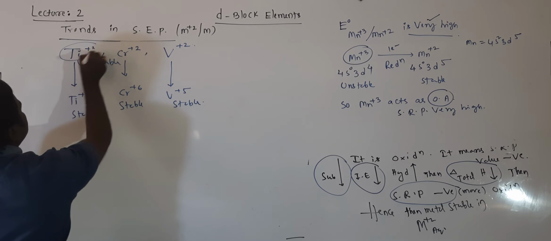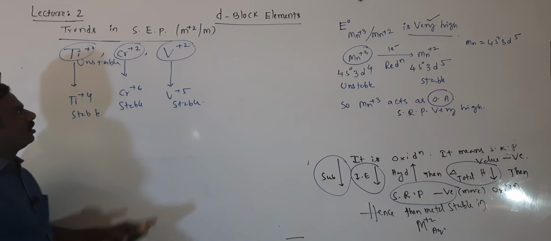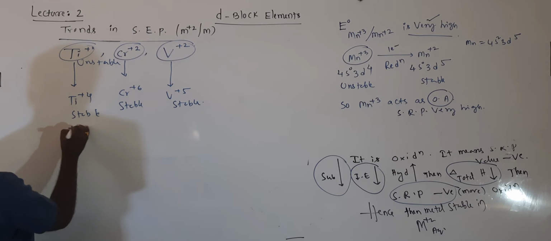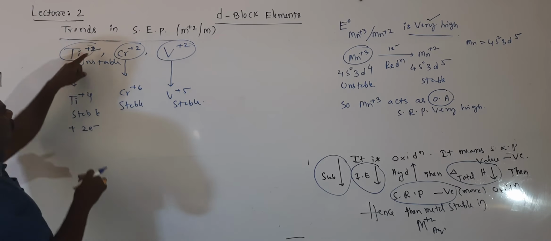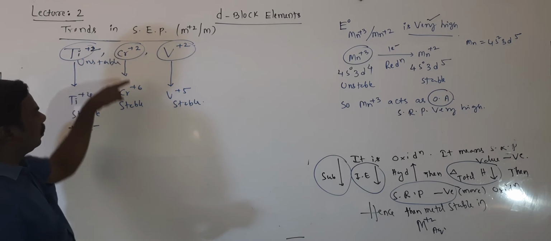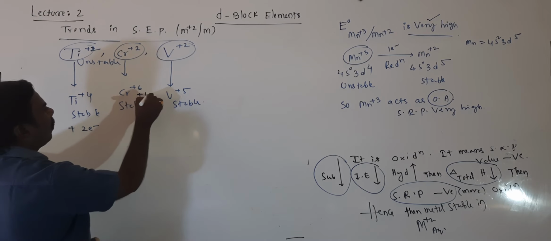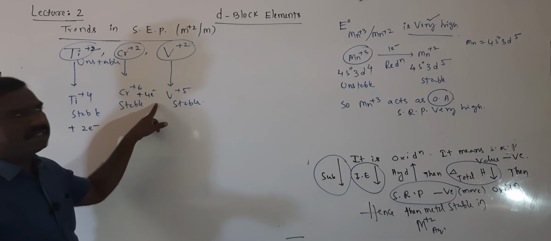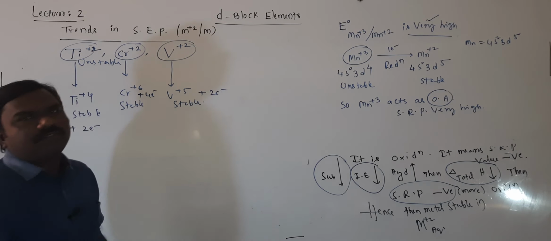These are all unstable ions becoming stable ions by losing electrons. Ti plus 2 by losing 2 more electrons becomes plus 4. Cr plus 2 by losing 4 electrons becomes plus 6. V plus 2 by losing 3 electrons becomes plus 5.